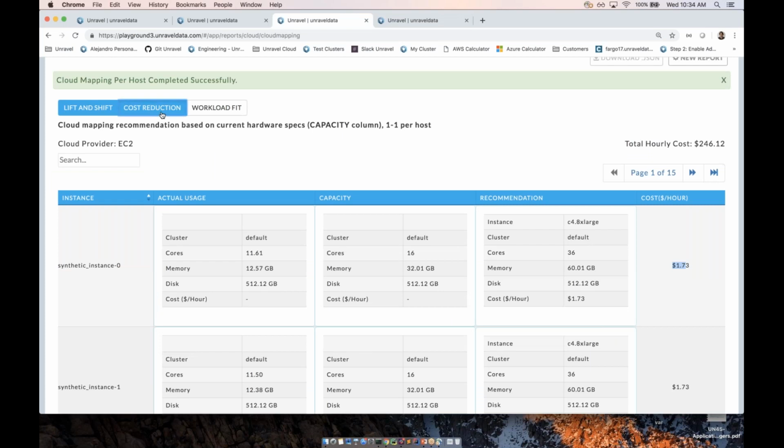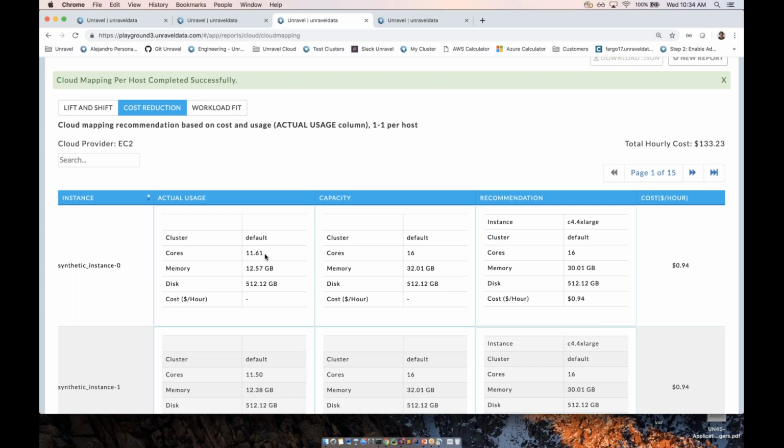The other strategy is cost reduction. Notice that there's a column here called actual usage. We look at the average utilization of this host over a period of time and figure out what it is actually using. If you have something like Hive Metastore, whatever host is running that component is going to be more CPU heavy.